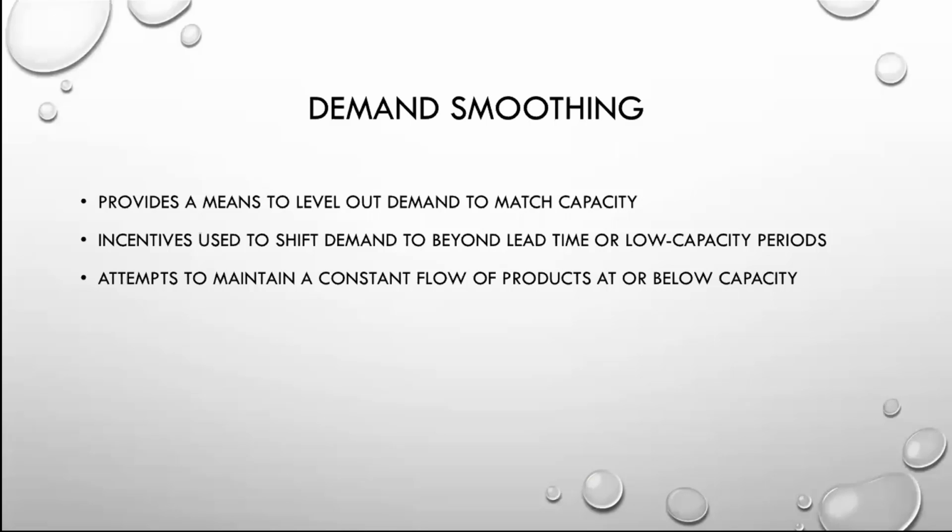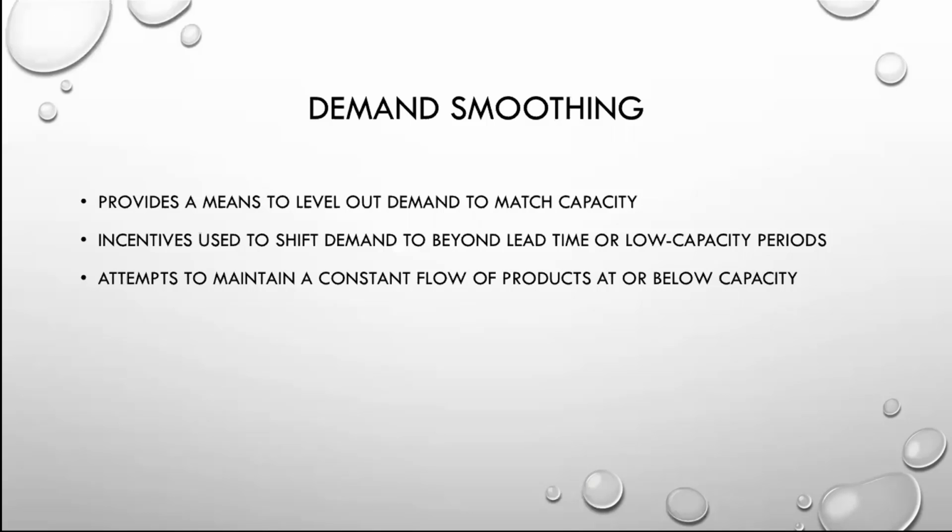When Boeing sells 100 aircraft, they obviously cannot build 100 aircraft immediately. So what they'll do is plug the demand into their capacity, and they schedule aircraft manufacturing while giving discounts to airlines based upon how long they're willing to wait for the product. So this is a type of demand smoothing that we use.